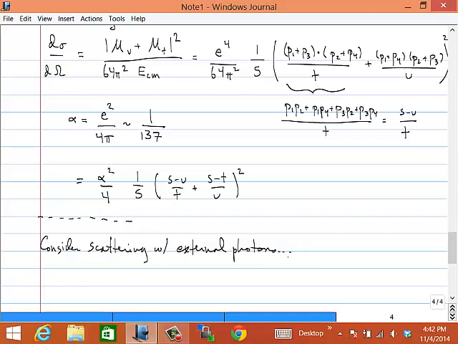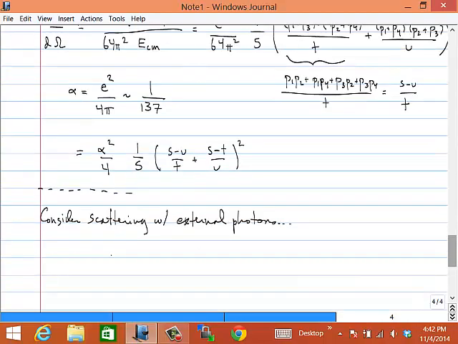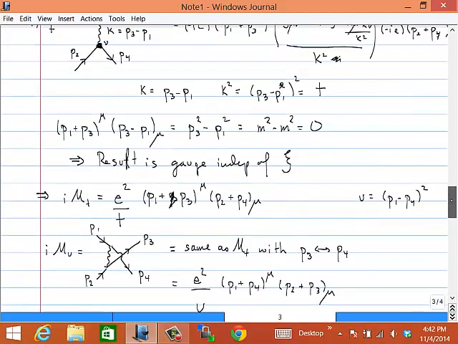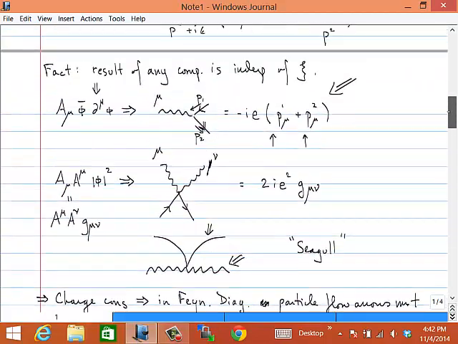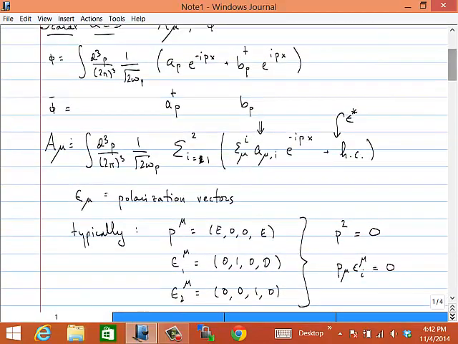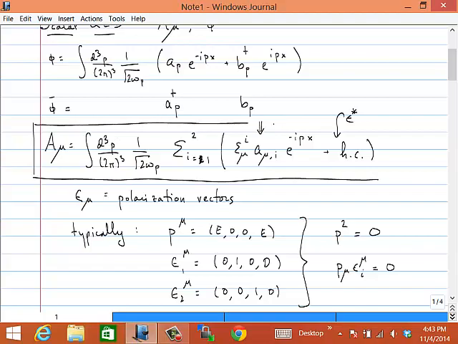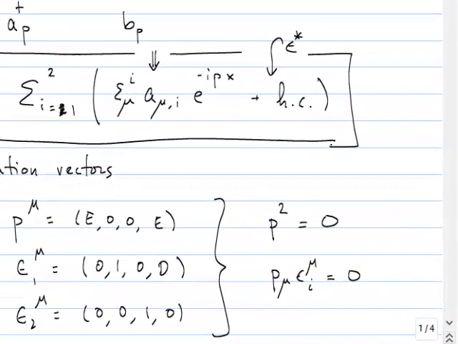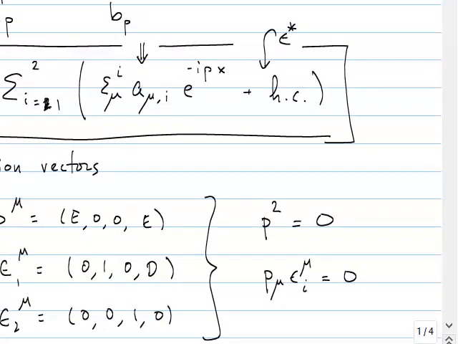The thing to notice is really that when we quantized the electromagnetic field, we expanded in terms of these polarization vectors, epsilon.